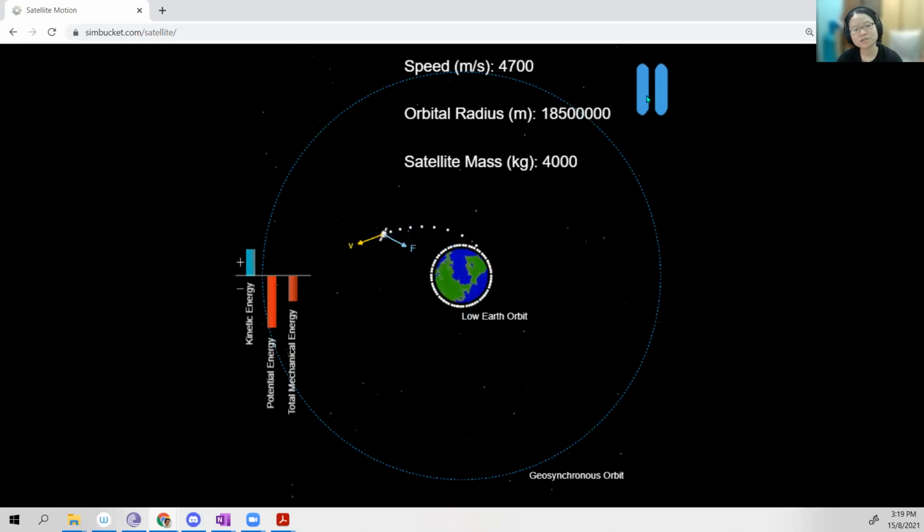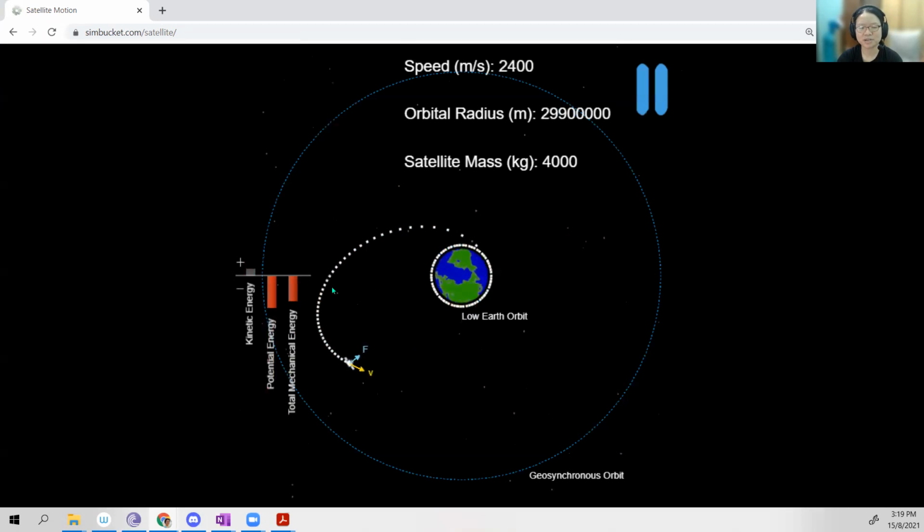So the satellite now does something pretty strange. It goes further away. The force is not 90 degrees anymore. But it doesn't feel like it's escaping, or will it? It's like it's slowing down.